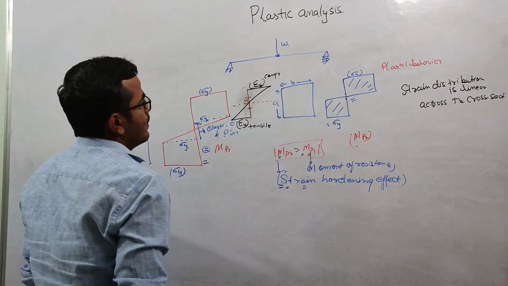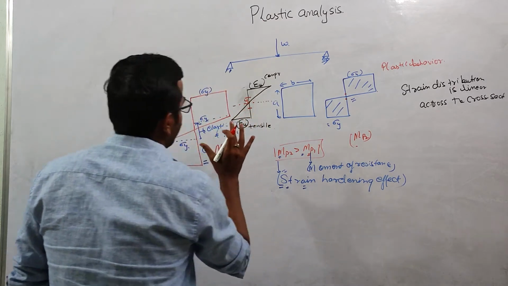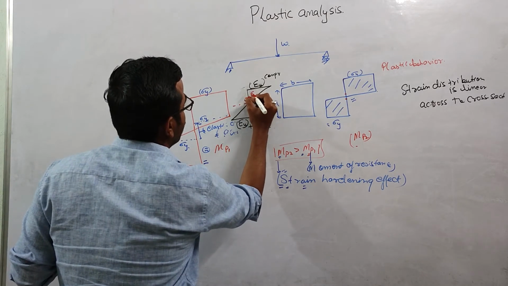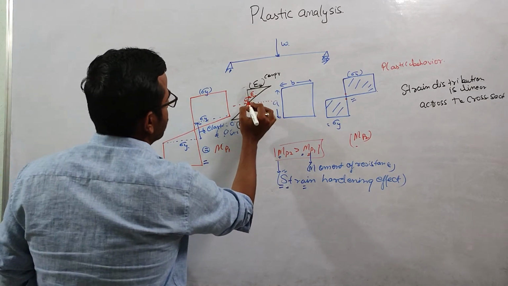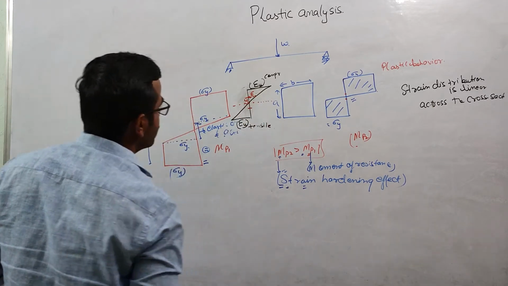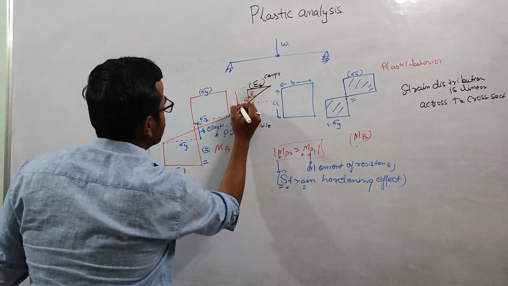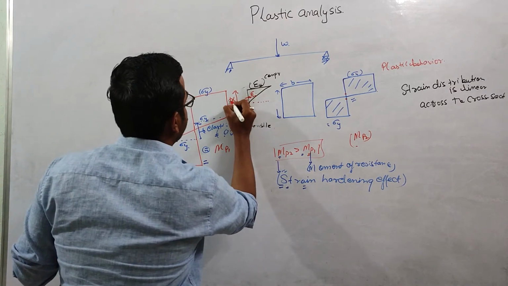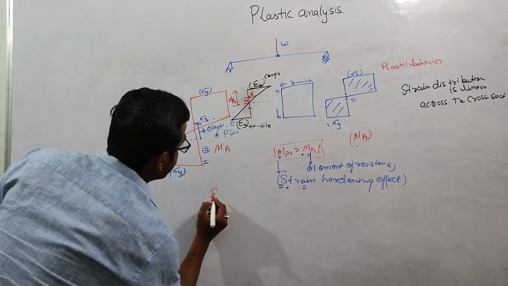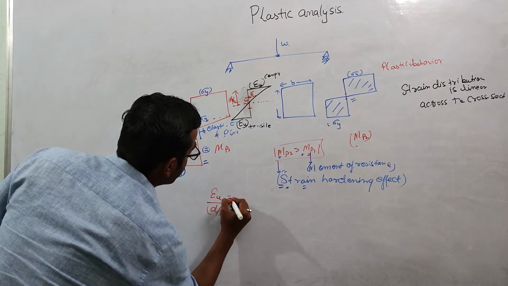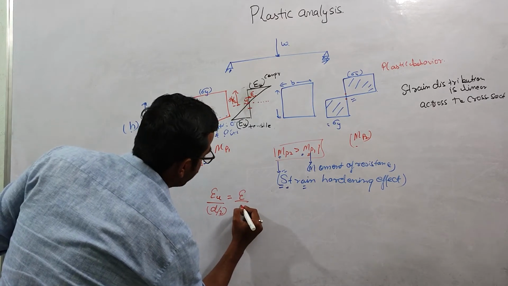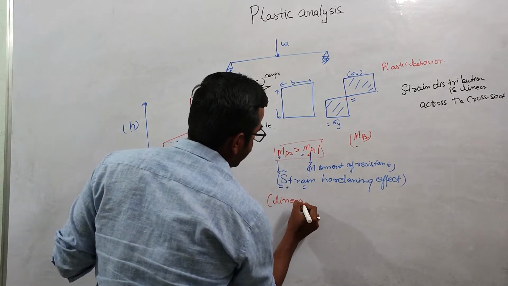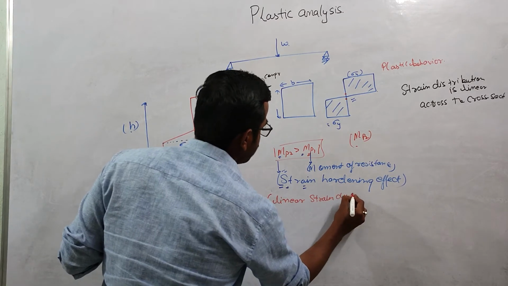If we apply the similar triangle concept in this strain diagram, and at this point let us suppose the strain is epsilon, where this distance is h by 2, or d by 2, I can write epsilon U over d by 2 equals epsilon over y, because we are assuming linear strain distribution.